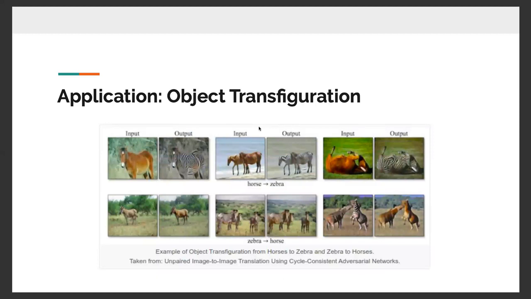We want to transfer a horse to a zebra or something like that, or transfer a zebra back to a horse, and this can be done using the CycleGAN.